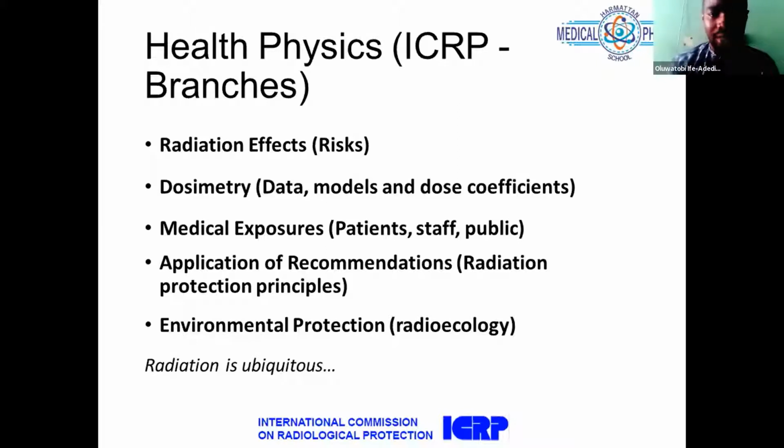As a branch, we have radiation effects, which basically has to do with the risks that are associated with radiation. So since we are talking about radiation protection, what are the risks to humans and then to possibly the environment or other species as a result of exposure to radiation?